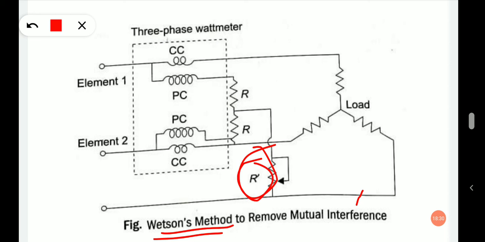In the three-phase wattmeter, the mutual interference between the two elements is present, which results in some errors in the reading of the wattmeter. To eliminate that error, we have to shield the elements from each other by using a laminated iron shield, or we can use Watson's method to reduce the mutual interference.